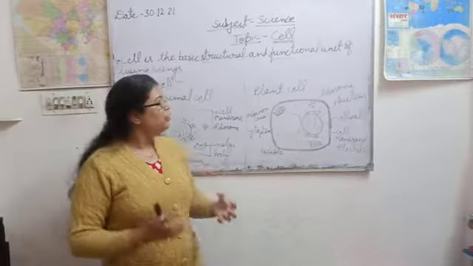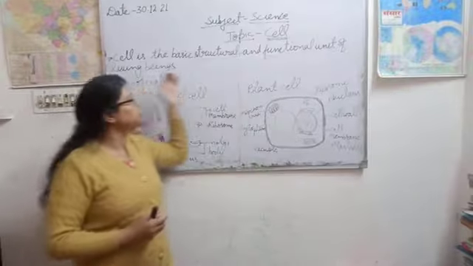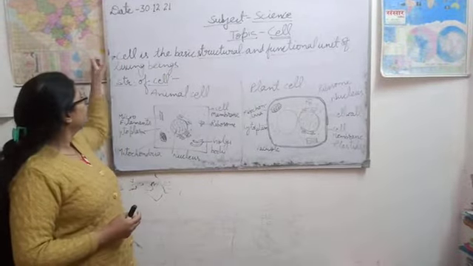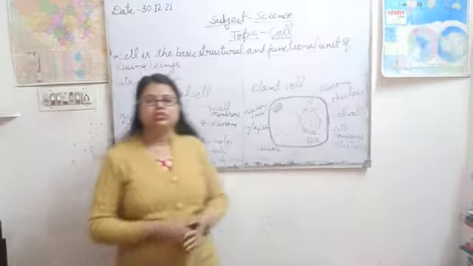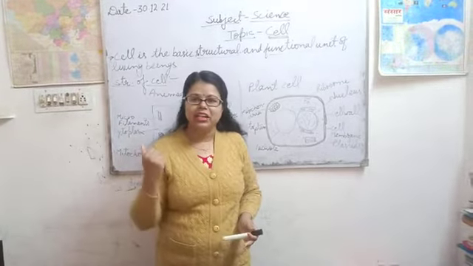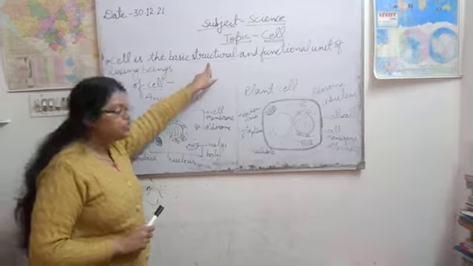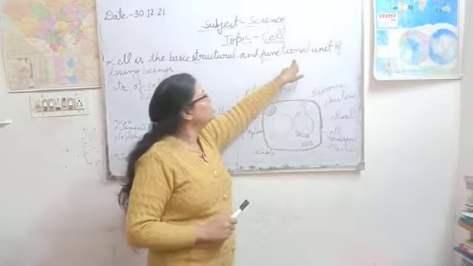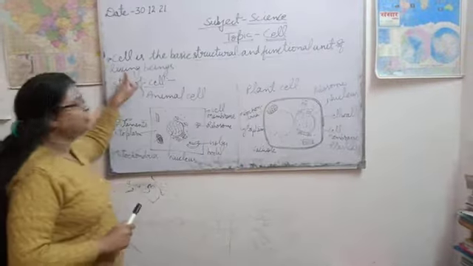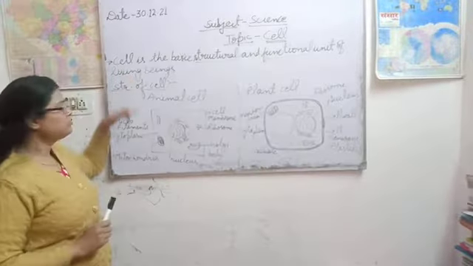So the functional unit of any organ is the cell because these organs are made by the cell. So we can easily say the cell is the basic structural as well as functional unit of living beings.